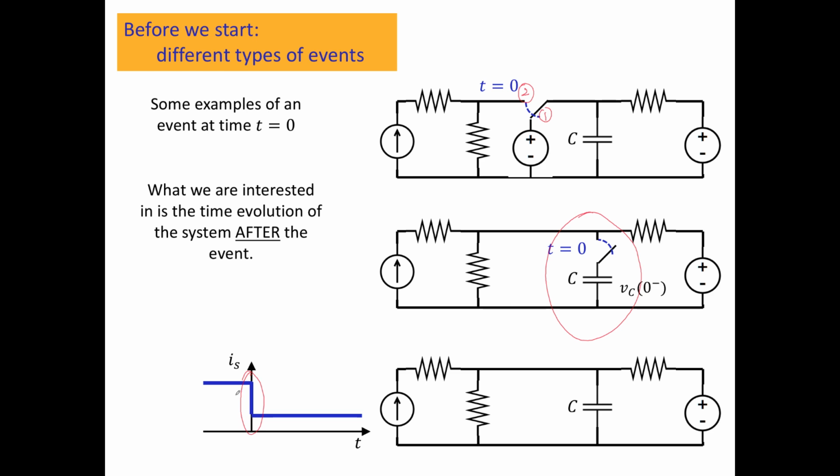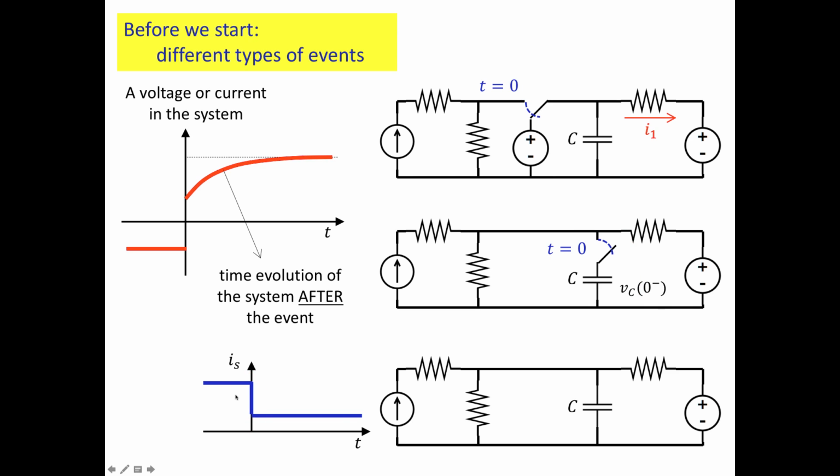And what I know is when I look at the voltage or current in my system as a result of any of these events, I'm going to get a time evolution that looks like this, or in general has a decaying exponential shape. And so the goal is to calculate this curve.